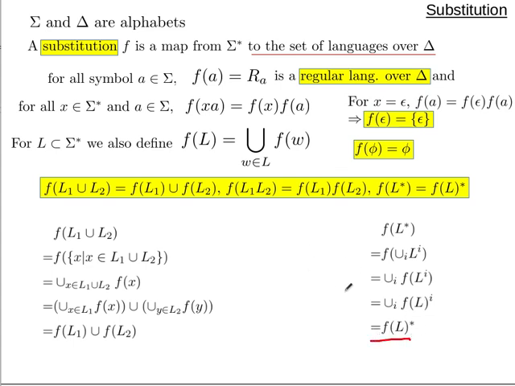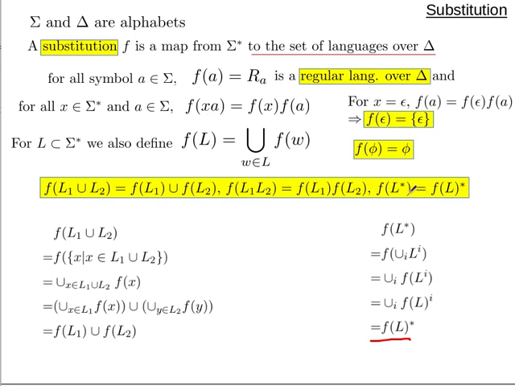Okay, so these are pretty straightforward to prove, but anyway, most importantly, we have all these properties: f of epsilon goes to epsilon, f of phi goes to phi, and you can push f inside this union, concatenation, or Kleene star.